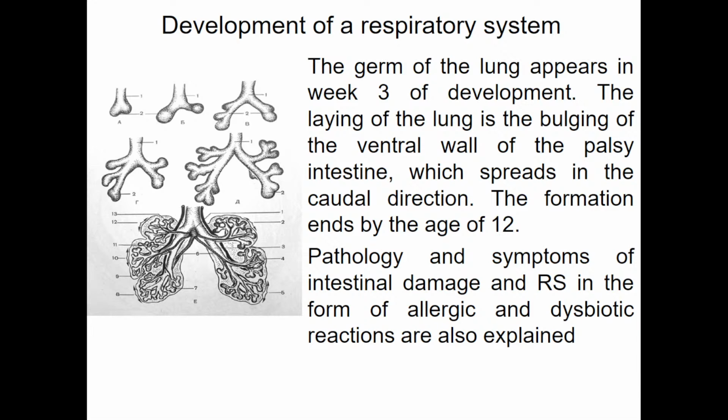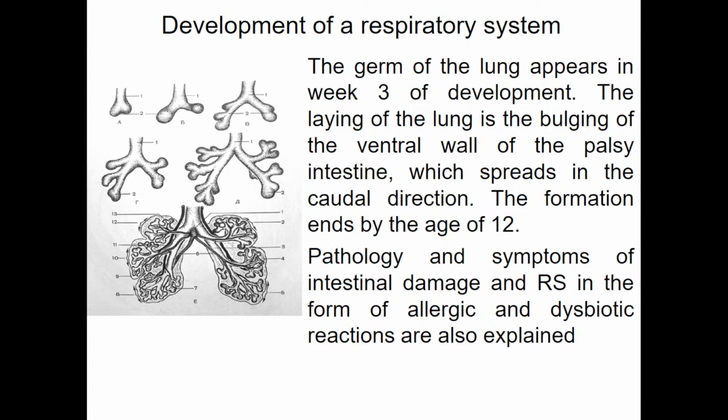If the separation of the digestive and respiratory tube is not complete, abnormal communications may be detected between the larynx or trachea and the esophagus. The formation ends by the age of 12.